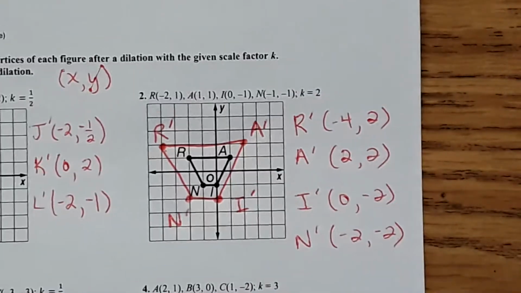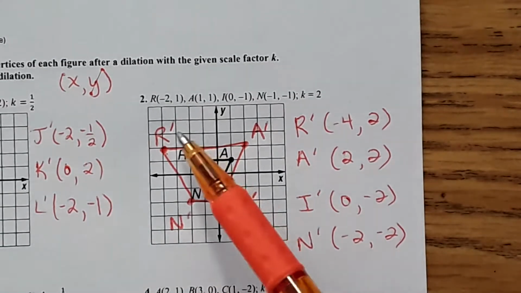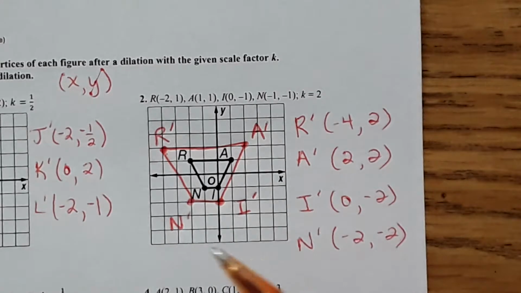Here is the finished problem number 2 graphed. Make sure that all of your vertices are labeled with the prime mark. Now go on to number 3. Please pause the video here and complete number 3 on your own.